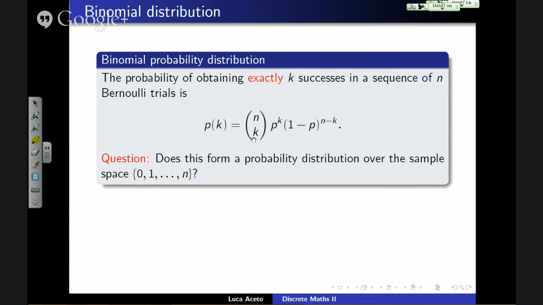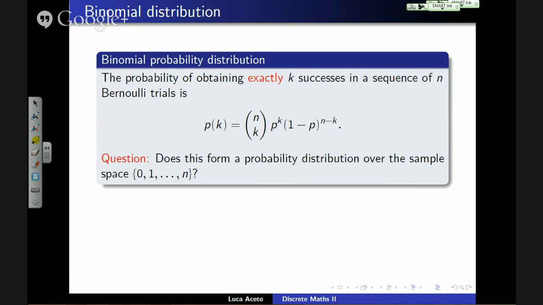So it's n choose k. And then the probability of getting the k successes, which is p to the k, because p is the probability of success, and the probability of getting failure, namely 1 minus p, in all of the remaining n minus k cases.